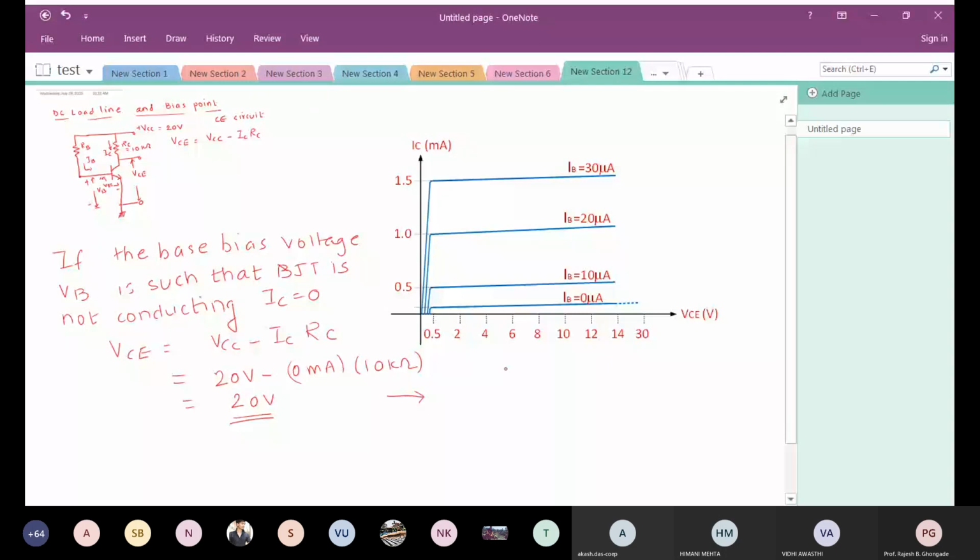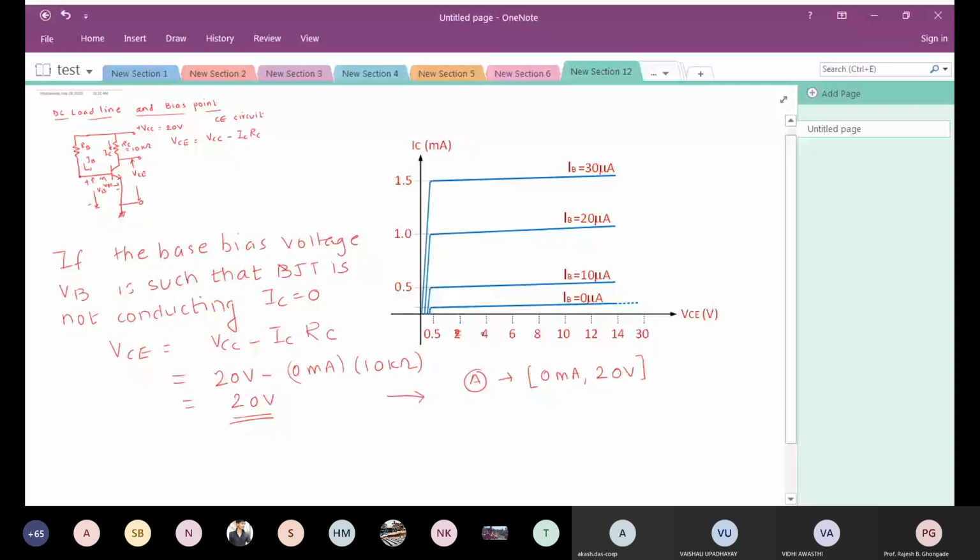So my first point, I'll call it point A, is 0 milliamperes and 20 volts. Remember, this is IC and VCE. So now I can mark this over here somewhere. Just don't consider these values for the time being.